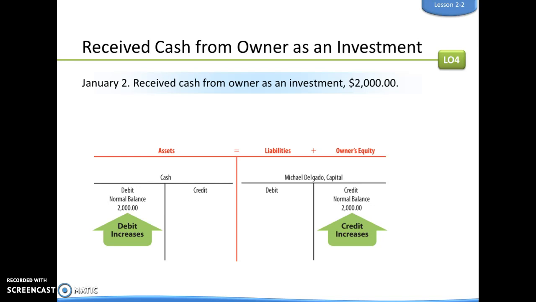So this is where we set up our T accounts with the debit and credit sides and the increase and decrease. So we have cash. Receiving cash means that the debit side is going to increase, and the Michael Delgado Capital is owner's equity, so that is going to increase on the credit side.